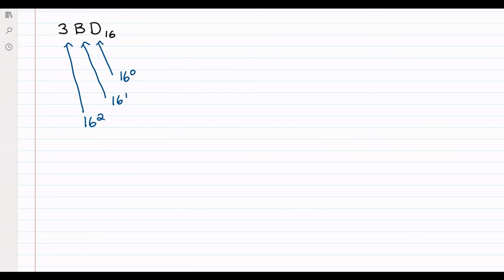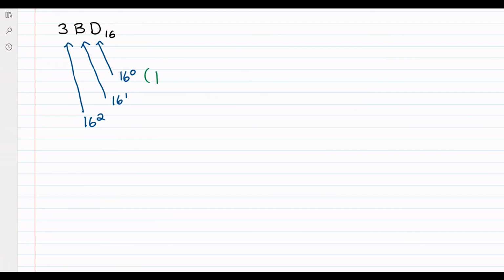Now converting hexadecimal is the exact same process. If you had a hexadecimal number, let's say 3BD base 16, then this column here is the 16 to the 0 column. This column is the 16 to the 1 column, and this column would be the 16 to the power 2 column.